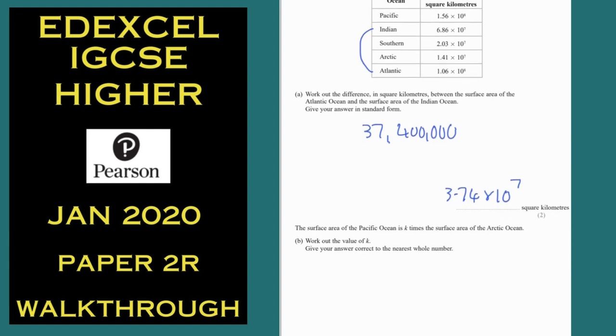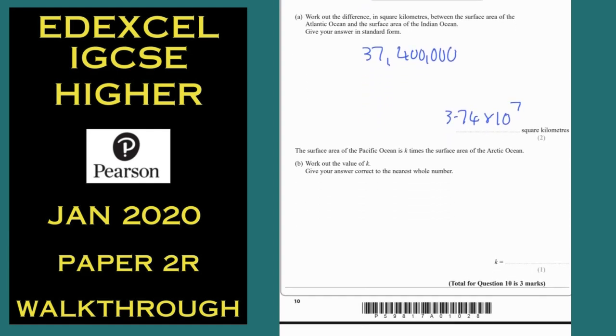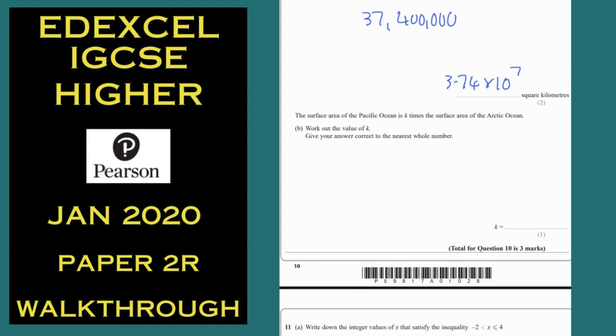Part B, the surface area of Pacific is k times. So it's like me saying, what do I multiply 2 by to get 8? Well, obviously it's 4, but you could work that out by doing 8 divided by 2. You work out a multiplier by dividing.